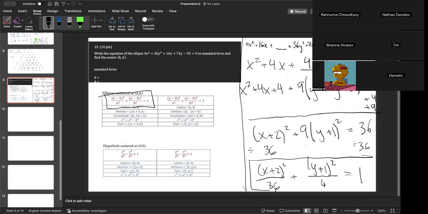And that will be the final answer. That's how you do that problem. Actually, I'll just write it here in red. So the standard form, you would write it here. And the h and the k, well, my h is going to be minus 2, and my k is going to be minus 1.